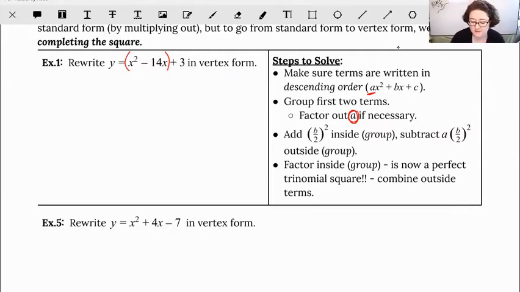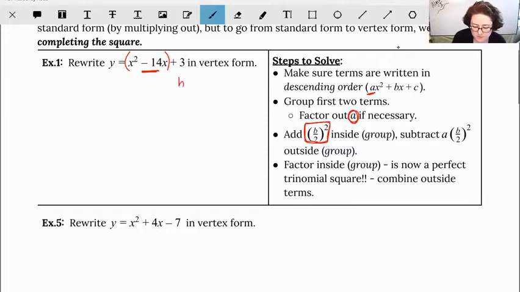The next thing we have to do is figure out this term, (b/2)^2, and you'll see in a second why we pulled that out. In our equation, our b value is -14, whatever your coefficient is on your x term. I always like to make some notes for myself over on the side.